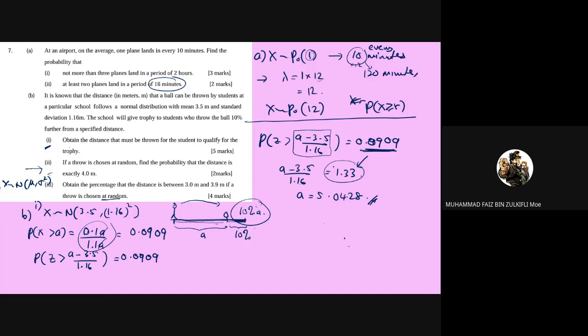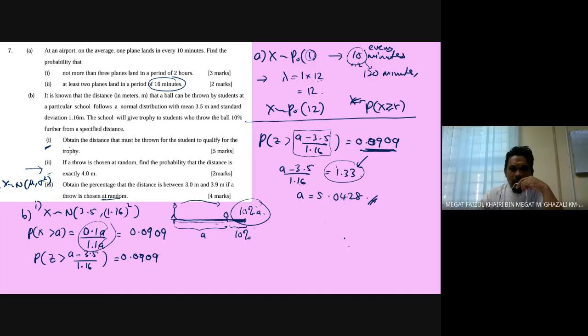I may not have caught the question just now, but recall the answer scheme that was given to me: 0.0909 is replaced with 1.33. I have no statistical book with me right now. Maybe we can check later.